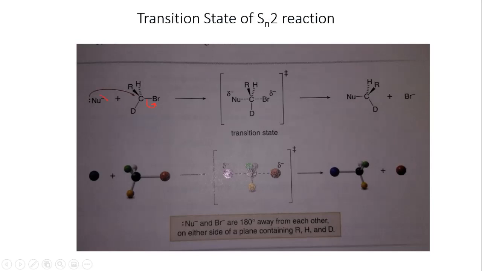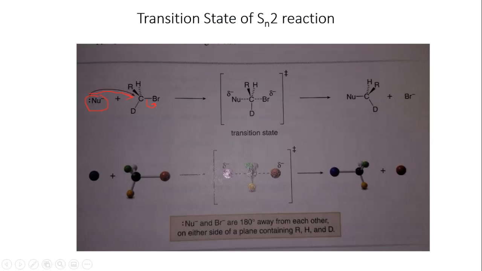So now if we look at an SN2 mechanism, again, this is a concerted reaction. The bromide leaves, and then the nucleophile attacks the backside of the alkyl halide.